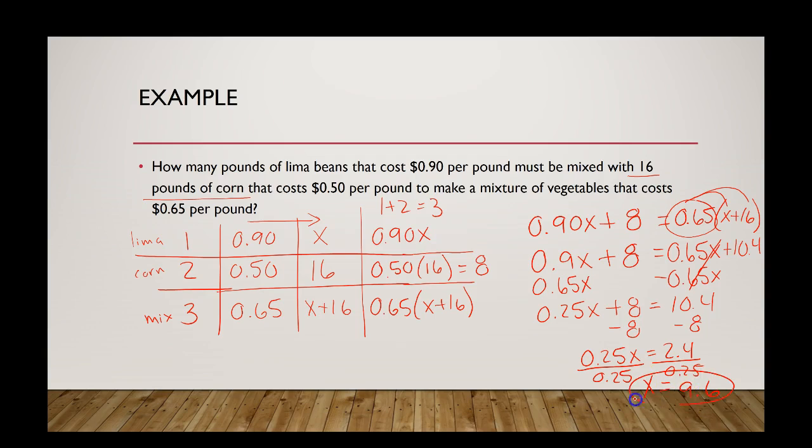So again, the x equals the pounds of lima beans. So the lima beans would be 9.6 pounds. The corn we knew is 16. So that means the mix would be 9.6 plus the 16, which would be 25.6 pounds.